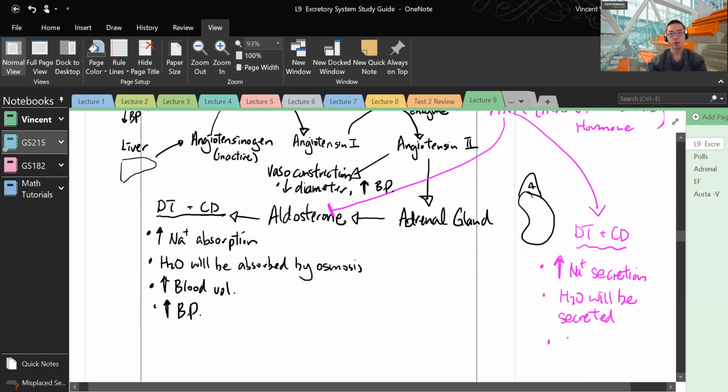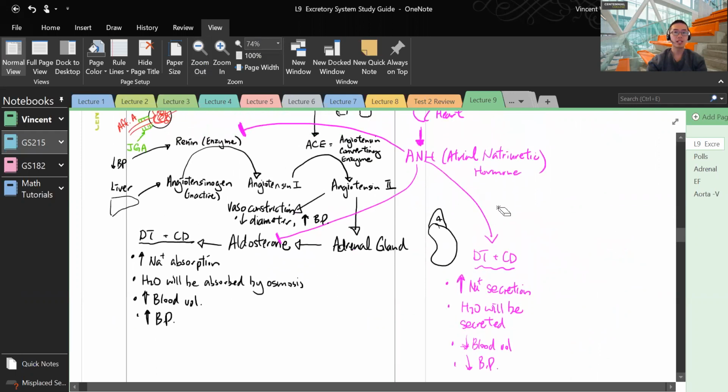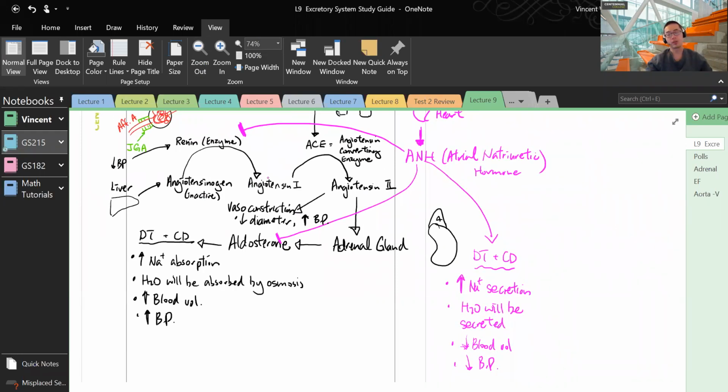And because you're losing water, you will decrease blood volume, which then decreases blood pressure. So these two systems, the ANH and the RAS, are opposing each other at all times.